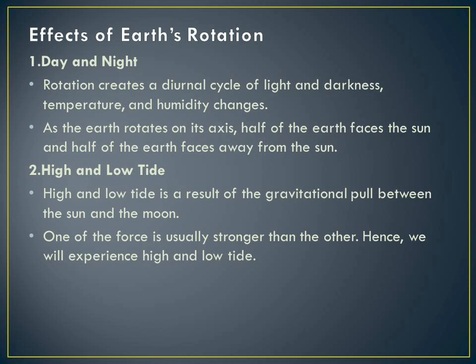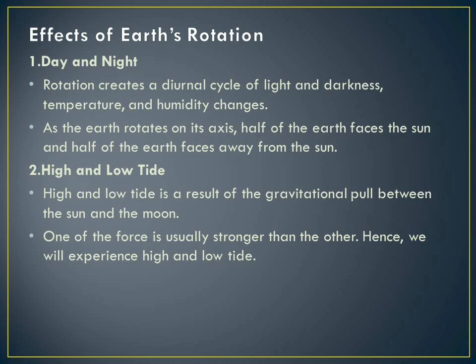As the earth rotates on its axis, half of the earth faces the sun and half of the earth is far away from the sun. This is one of the effects of the earth's rotation.